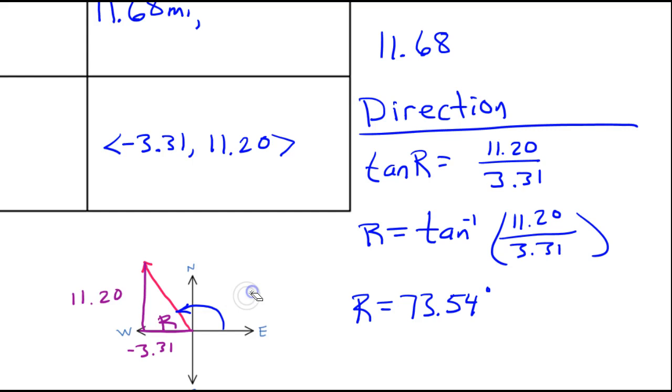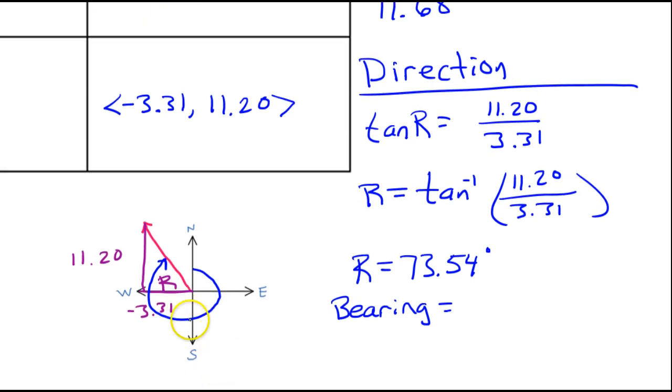So remember that bearing is measured starting at north and moving clockwise. So if we start at north and move clockwise like this until we get all the way around to the vector position, this is what we need to actually find. This is the bearing. So let's see. As we move from the north and rotate around, at east that's 90 degrees.